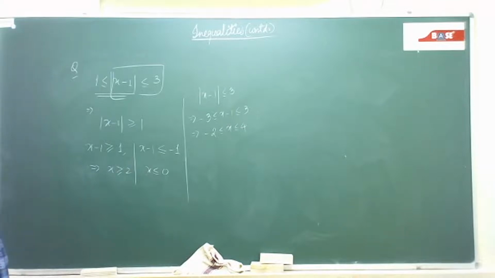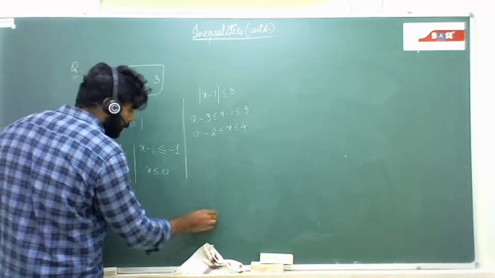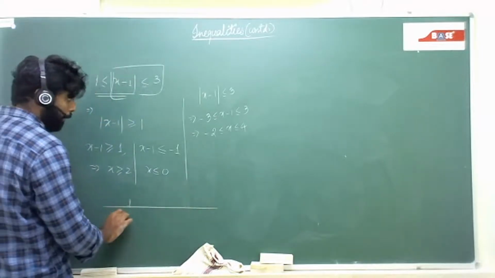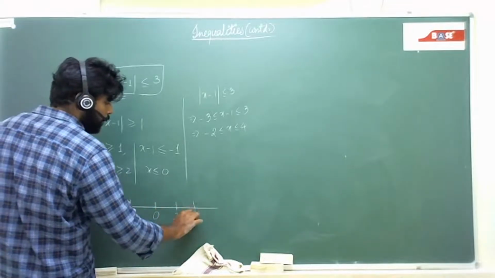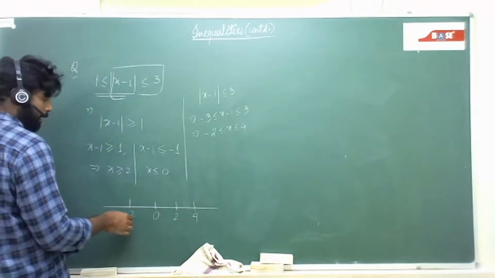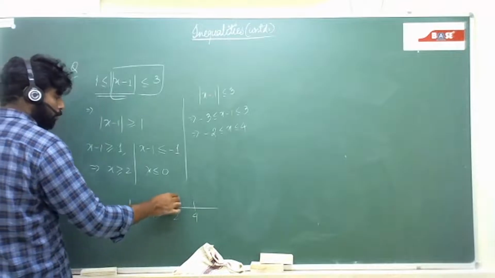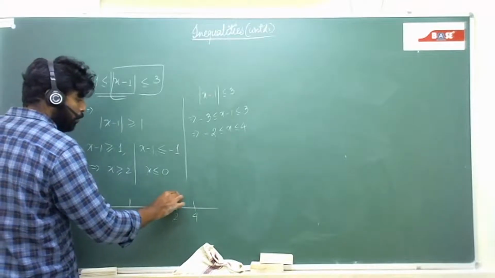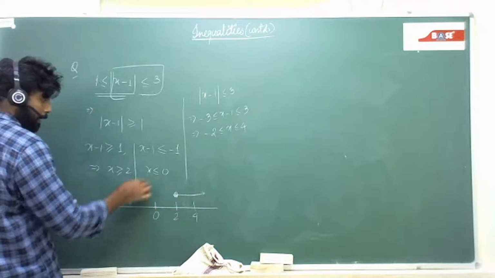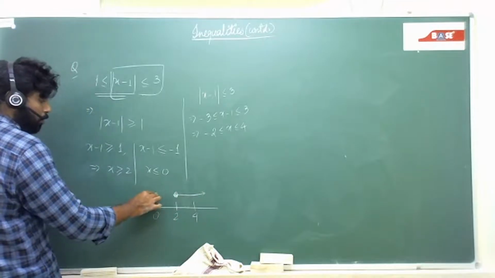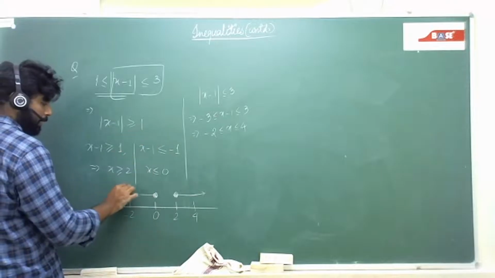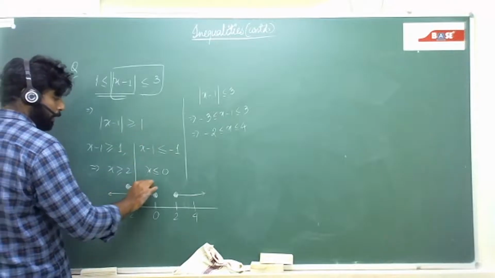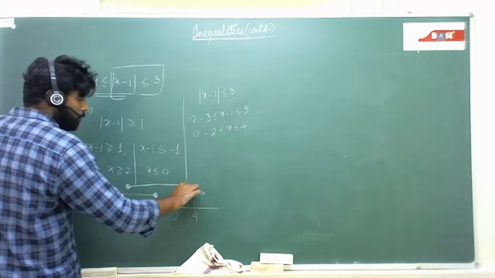So finally, if you wish to write the solution set, what will it be? For that, we'll draw a number line. We have -2, 0, 2, and 4. The first case says closed at 2 and more, so this side, and this one says closed at 0 and less, right? Whereas the second case says between closed -2 and closed 4.